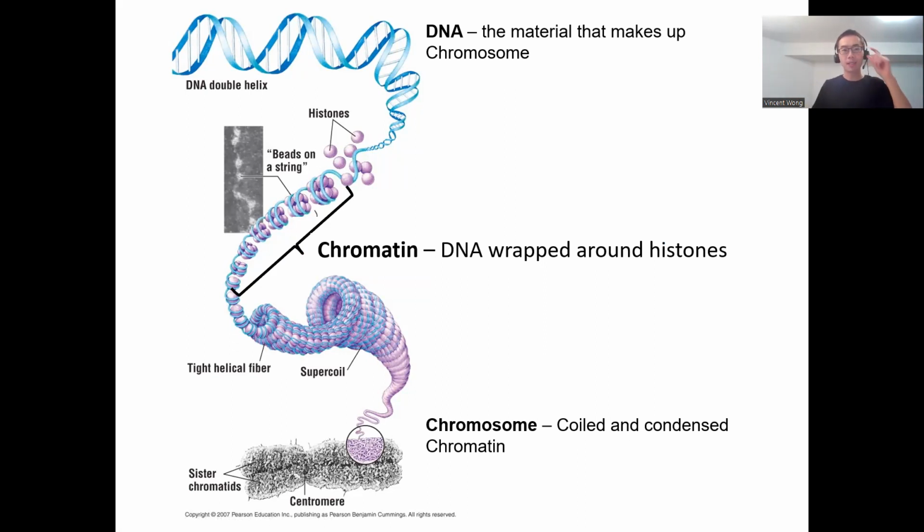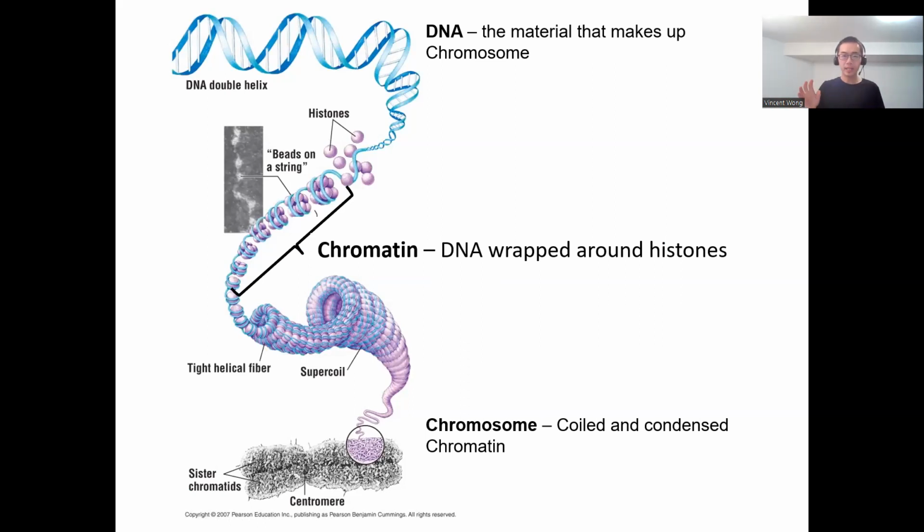So what happens is you have to wrap it around proteins, represented here by these purple circles. Those are called histone proteins, and then you package them together. In this form it is called chromatin, right? It's DNA plus proteins. So that's the normal state of DNA in the nucleus of a cell. Okay, the chromatin.